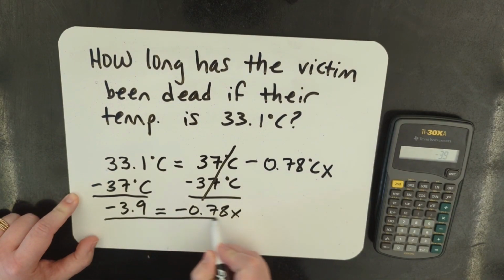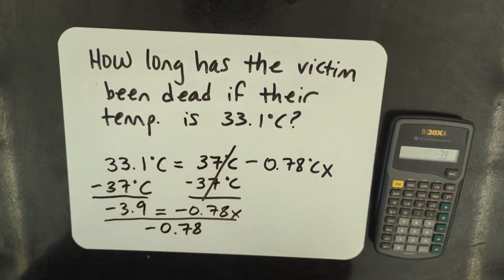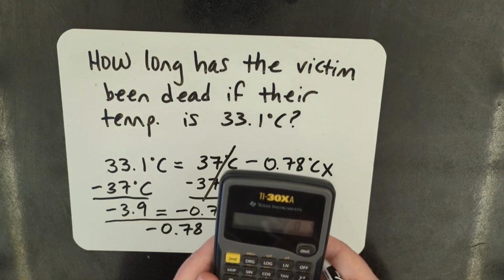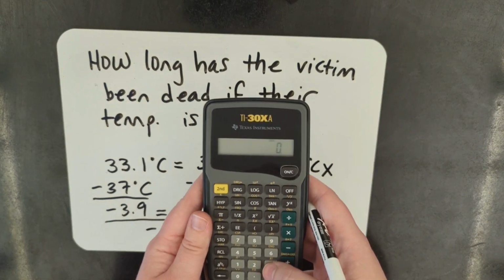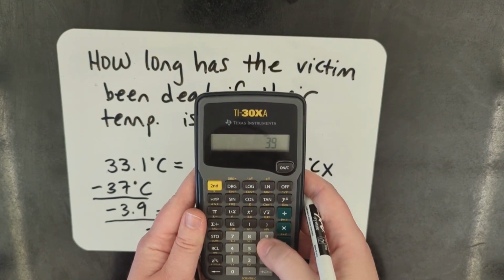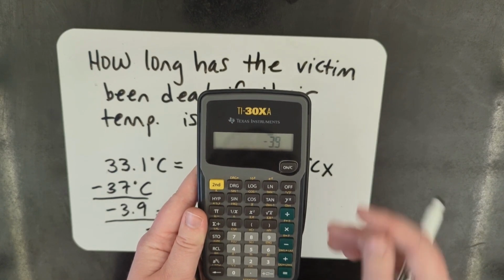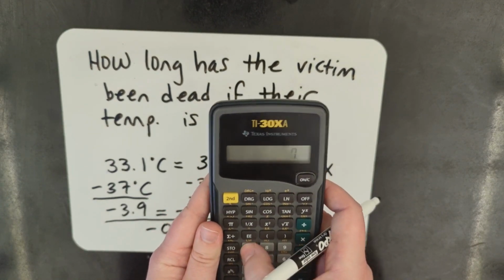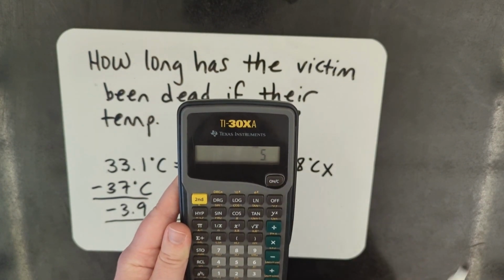We're going to divide by negative 0.78. This is where our calculator comes in handy, and remember, we want to always have the negatives available. So we've got 3.9, and with this calculator I have to do the negative afterwards. So negative 3.9 divided by 0.78, remember, make it negative, and that gives you 5 even.